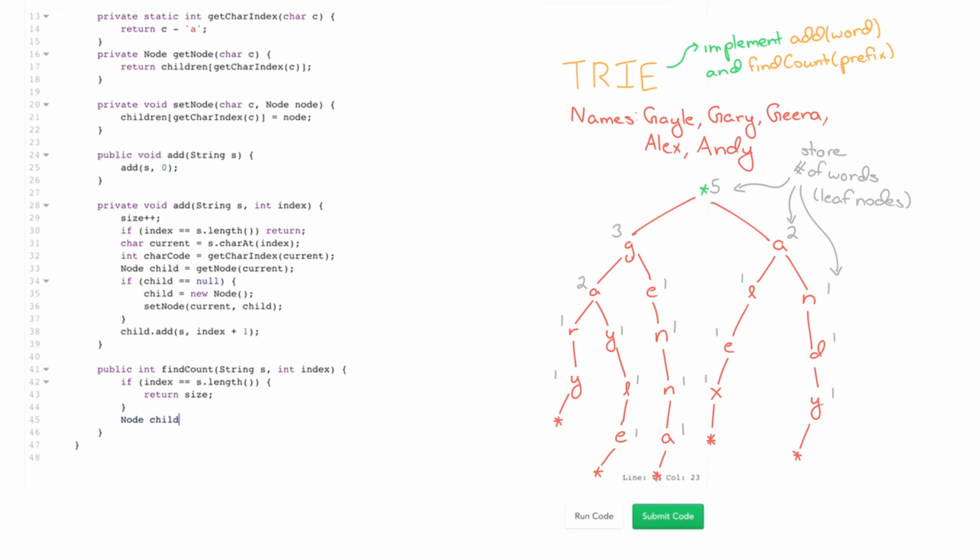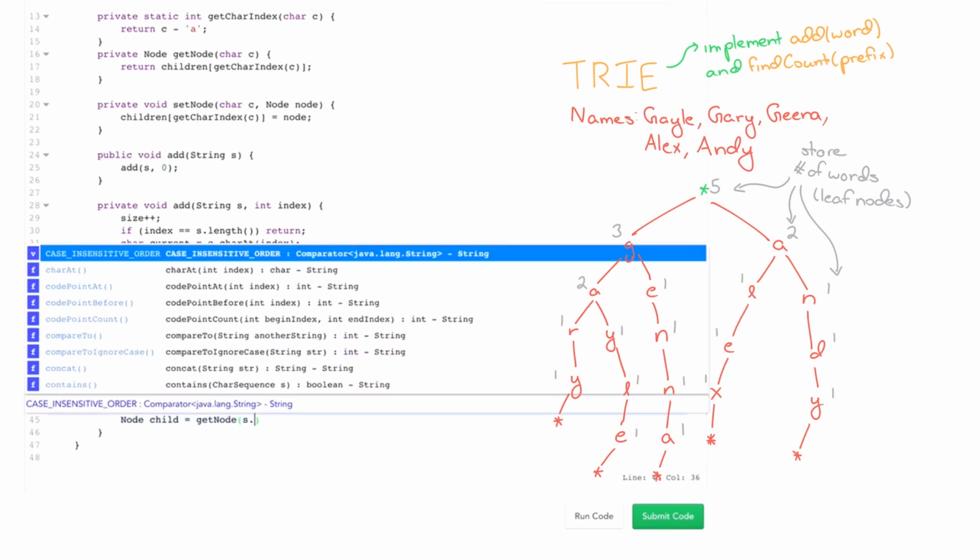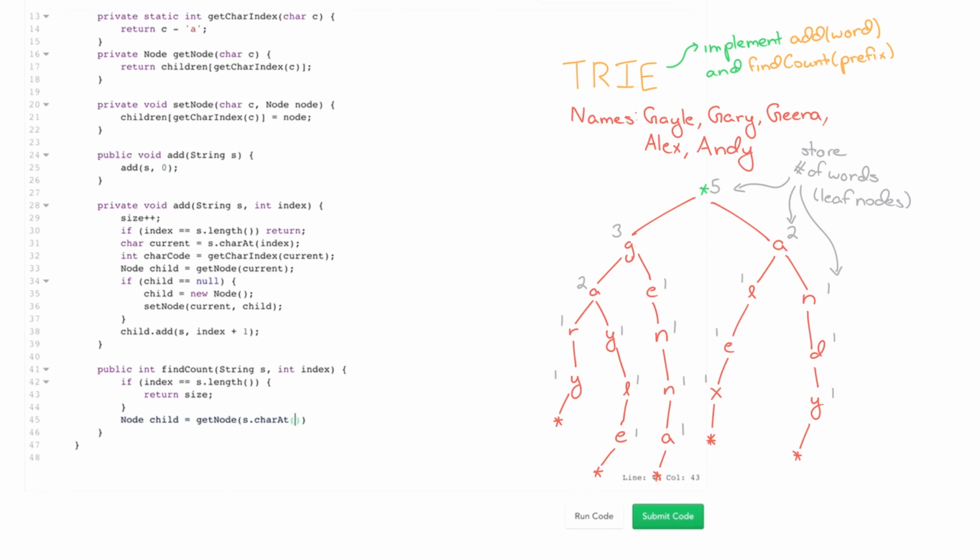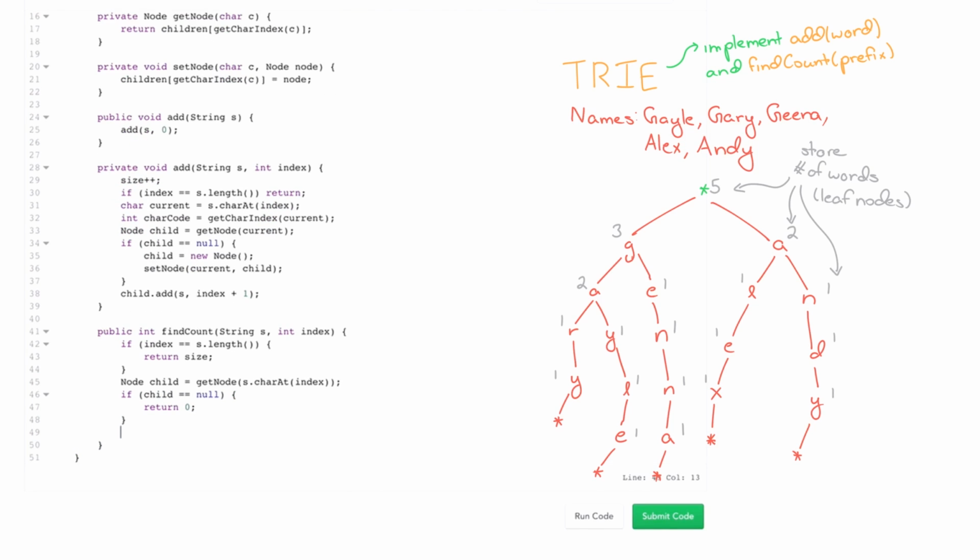So I first get my next node: get node of s.charAt of index. If the child is null, return 0, because there's nothing with that substring then. Otherwise, recurse and do find count of child, comma, index plus 1. Okay, so that's how I implement this.